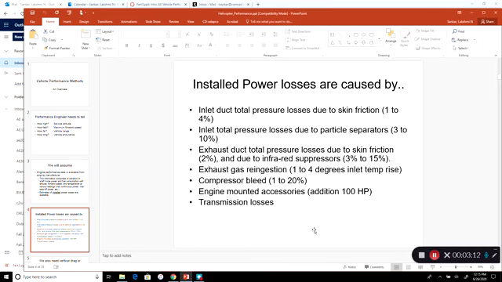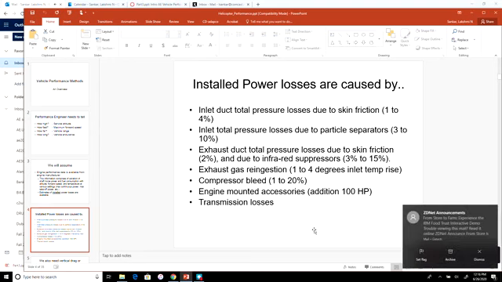What are some of the losses? As I mentioned, there's a long duct through which you suck in the air. By the way, some helicopters will have the engines outside the fuselage, but others may have them inside the fuselage, depending on the situation. Total pressure losses take place in the inlet. We also may have particle separators, either screens or some other mechanisms that separate out the sand, for example.